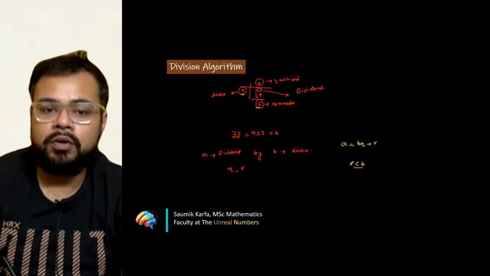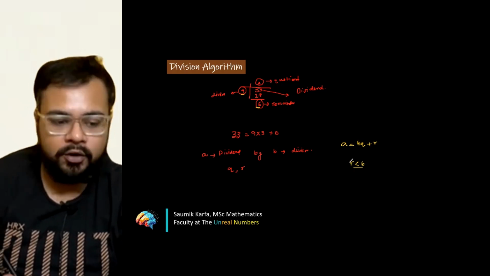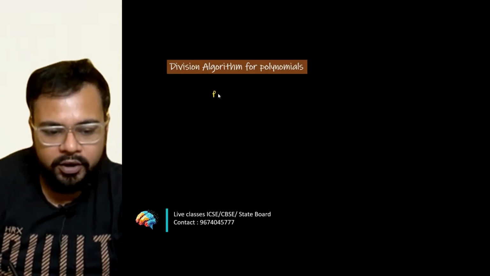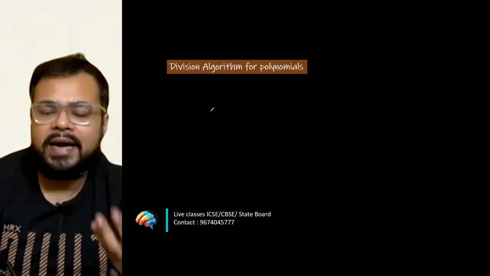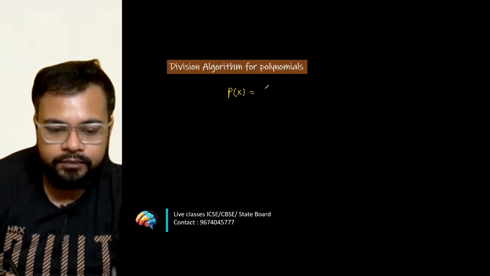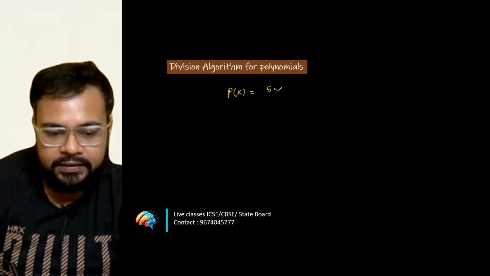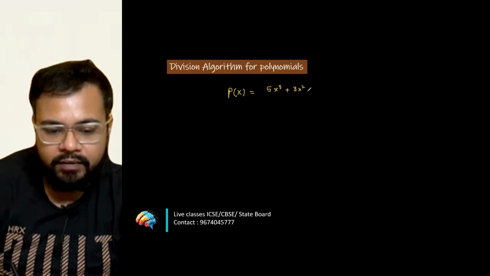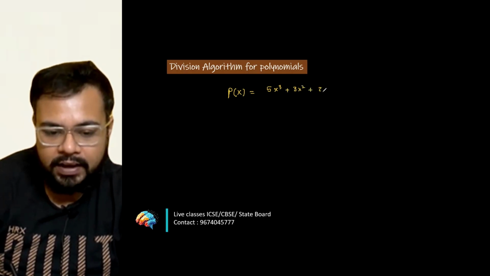Now we'll talk about the division algorithm of polynomials. So first of all, let us consider a polynomial. Let's say Px is a polynomial. So we take a random example. Let's say Px is equal to 5x cube plus 3x square plus 8.